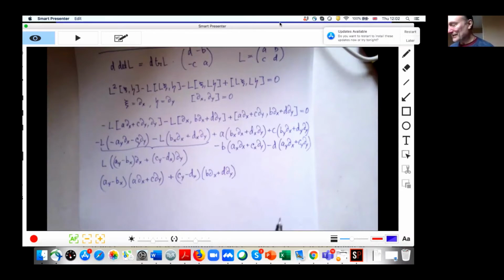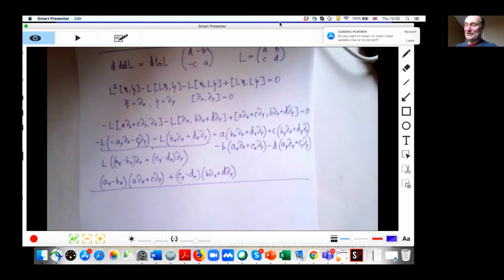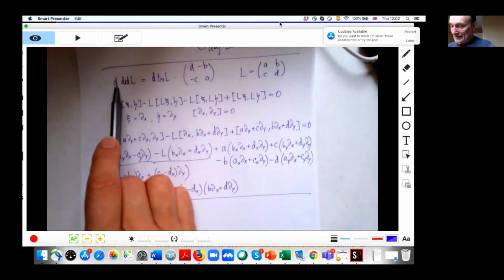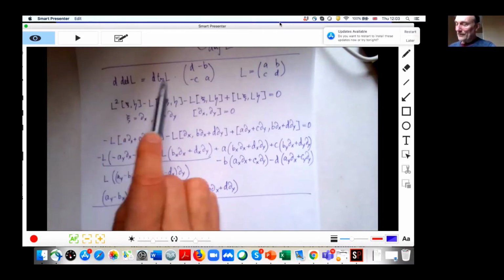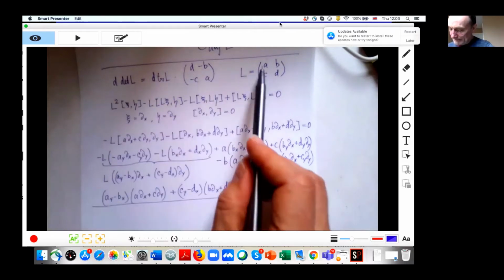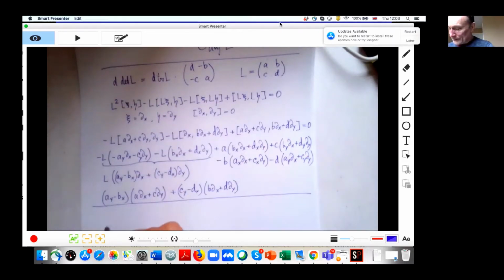And now for next, I want to write down this relation here, for the determinant and trace. So the determinant of L, this is AD minus BC, so partial derivative with respect to x of AD minus BC, and partial derivative with respect to y, should be equal to the differential of the trace.